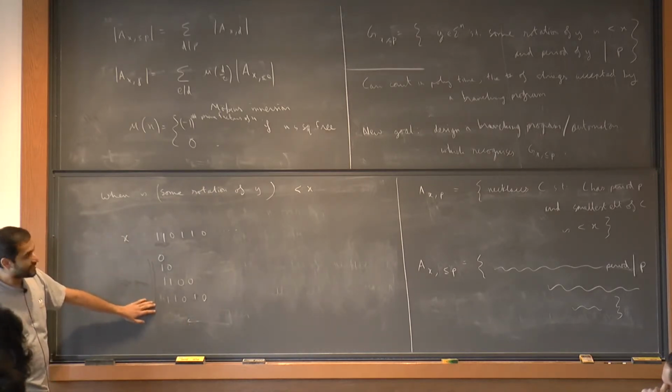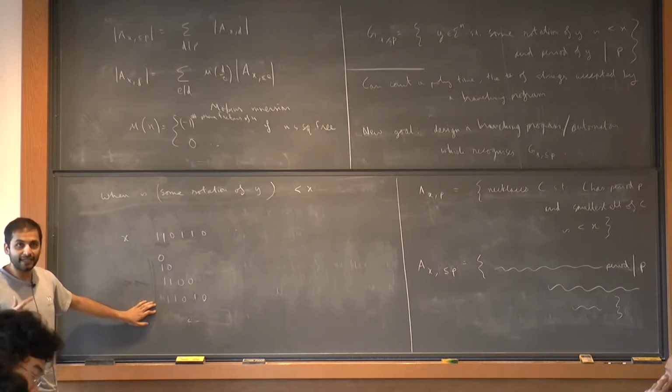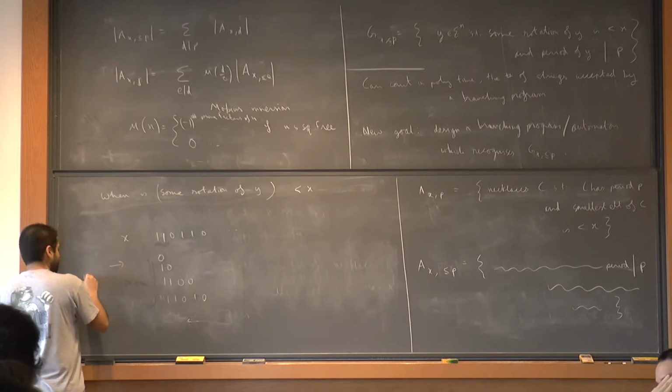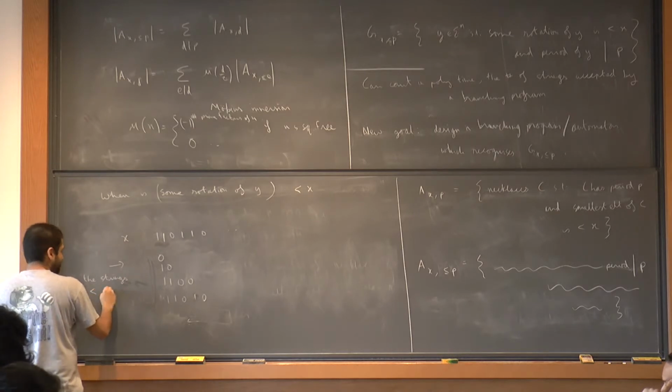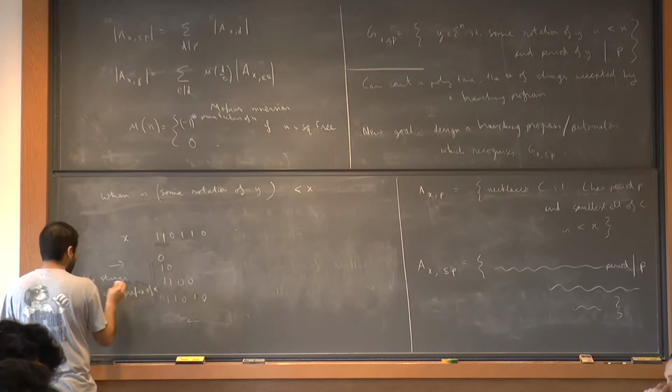If any of these strings appears in y, then some rotation of y is less than x. These are the strings less than some prefix of x, the maximal strings maybe.